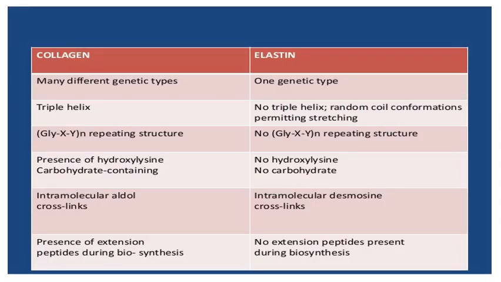Moving on to the differences between collagen and elastin. Collagen has different genetic types, about 30, and elastin has only one genetic type. Collagen has a triple helix, while elastin does not have a triple helix. It has random coil formations. Collagen has a glycine repeating structure, but in elastin there is no glycine-proline-hydroxylysine repeating structure.